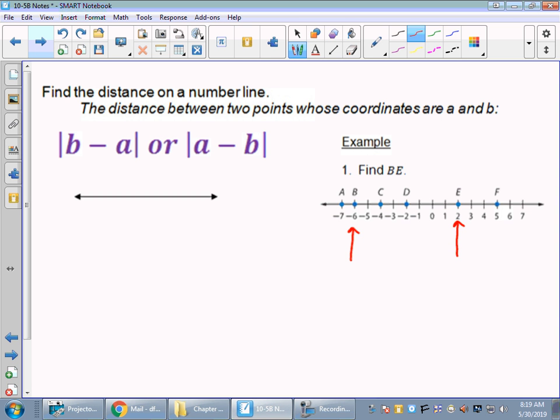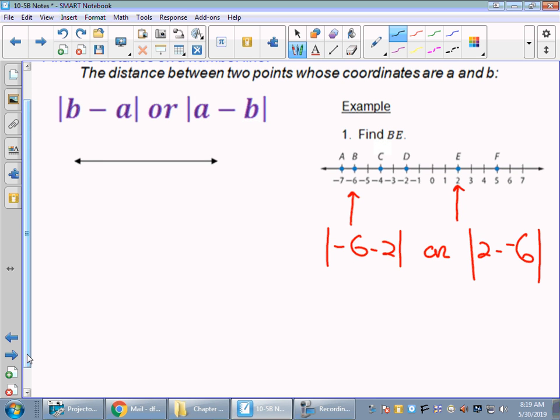So if I want to do that, I could go the absolute value of negative 6 minus 2, or I could actually go the other way and say 2 minus a negative 6. Remember, absolute value is going to be the distance from 0, so it doesn't matter which way you're going. So in this case, you're going to have the absolute value of negative 8, which is 8. And over here, you're going to have these two added up and be the absolute value of 8, which is also 8.